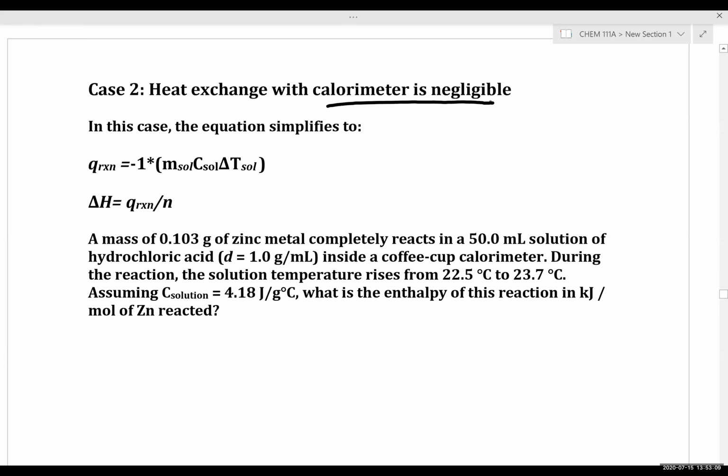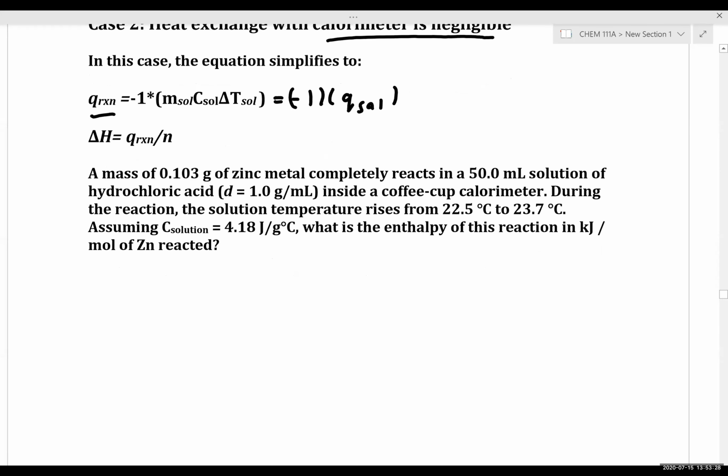In this case, the calorimeter term cancels out and we're just left with Q reaction equal to -1 times Q solution, which we write as MC delta T. Let's look at an example where we apply this equation and calculate the enthalpy of reaction, the heat of reaction, and the molar enthalpy of reaction.